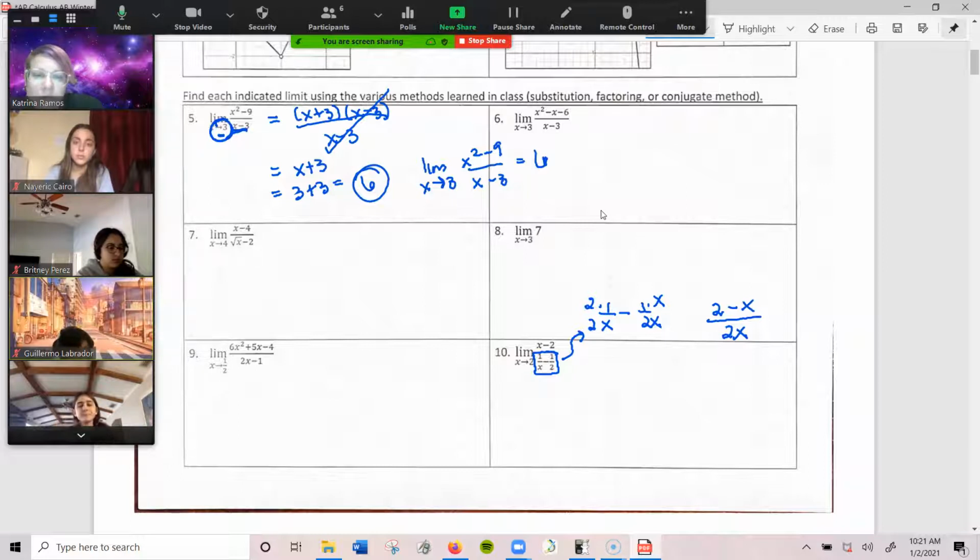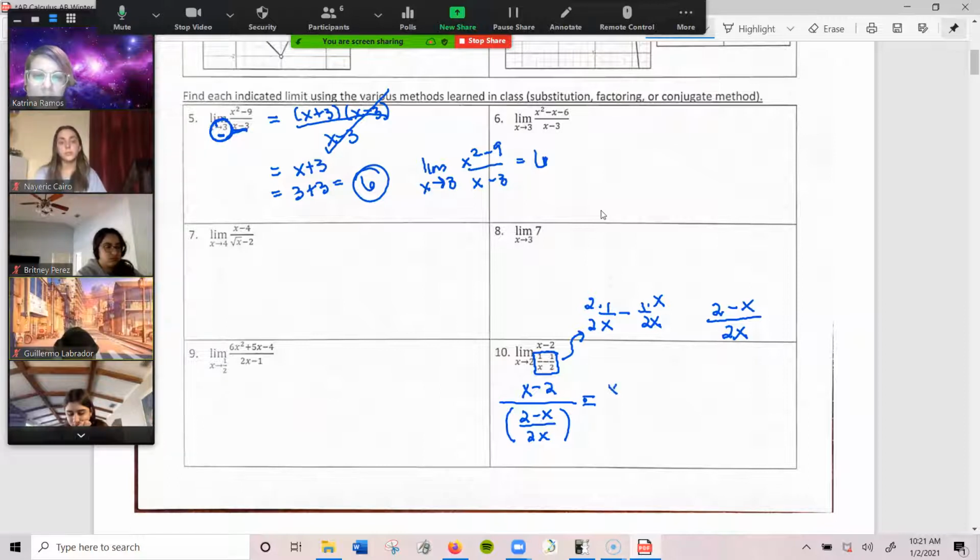Now the whole reason why we do that is because if I rewrite this limit, it's x minus 2 all over 2 minus x over 2x. Here we have x minus 2 and we're dividing a fraction. When we are dividing a fraction, what we're doing is multiplying by the reciprocal.